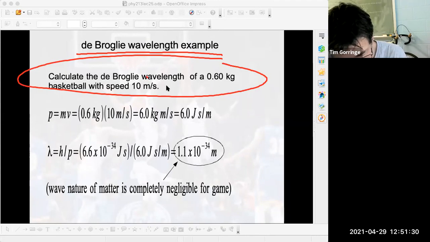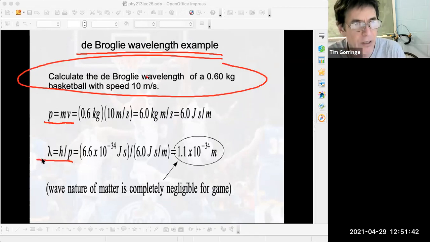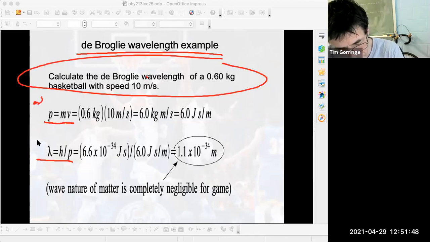So let's see if we can calculate that. There are two equations I'm going to use here. Firstly, to get ready to calculate the matter wave, I'm going to calculate the momentum of the basketball. And then I'm going to calculate the wavelength of the basketball. So those are the two steps, A and B. So momentum. Well, momentum is mass times velocity.